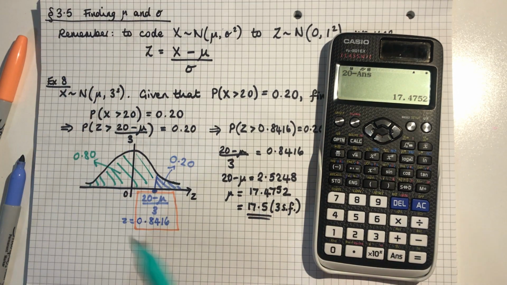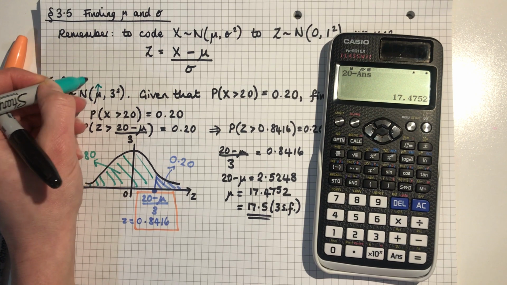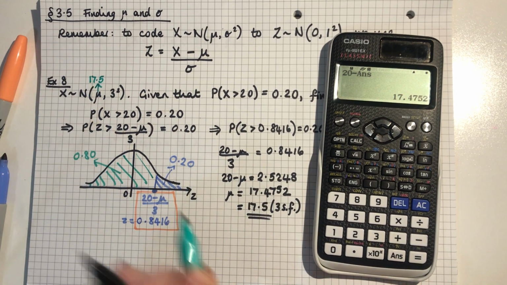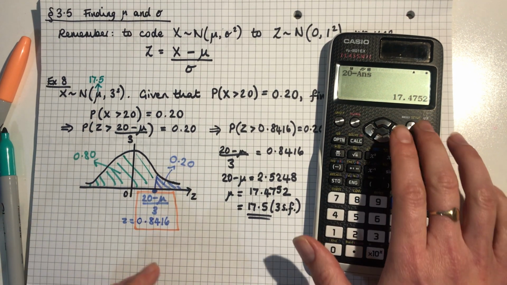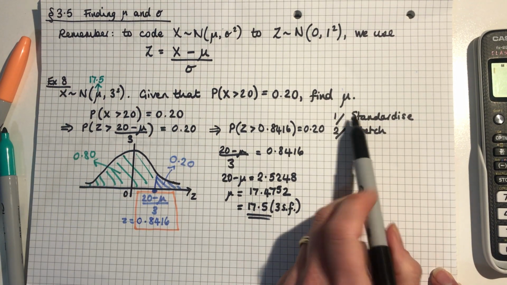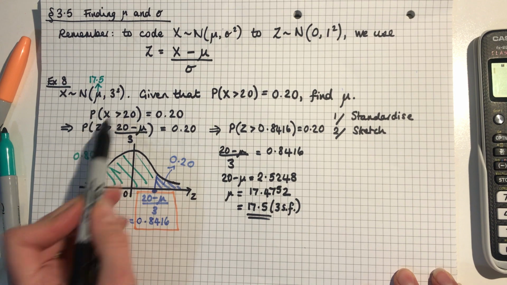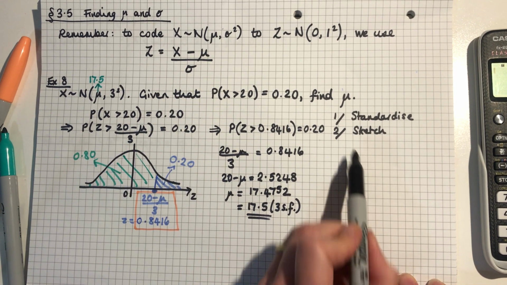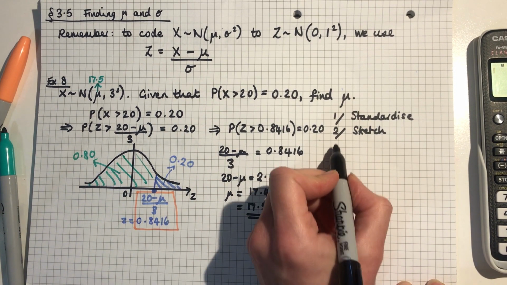So if I come up here, what we've worked out is that this value here is roughly 17.5. Now, let's just go back to our list of what we did here. First of all, we standardised, so we turned x into z using the coding. Secondly, we sketched.